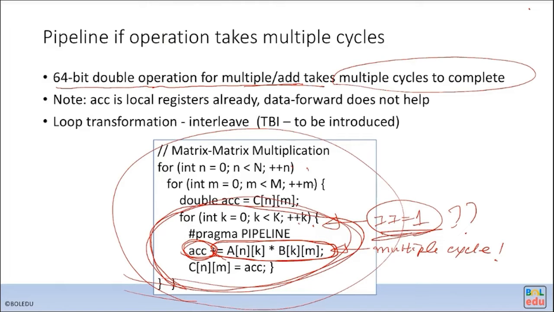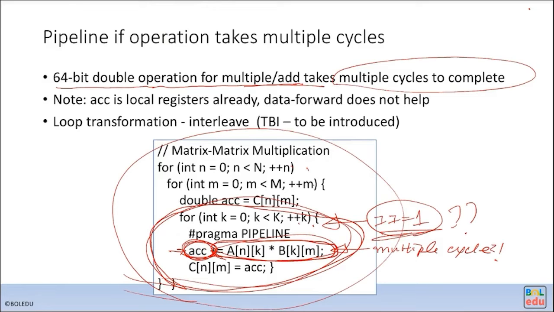You can give it a thought. Remember, here we already use a temporal variable, which is a register, so no array save and load here. The operation takes multiple cycles.